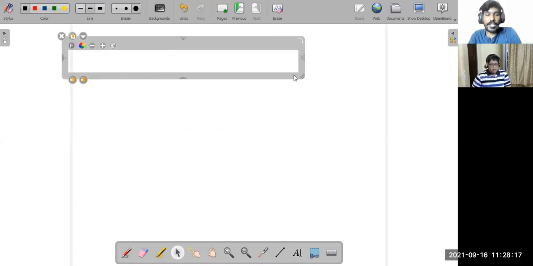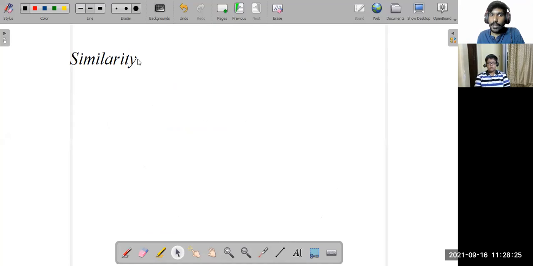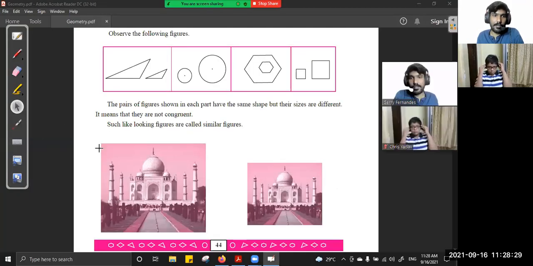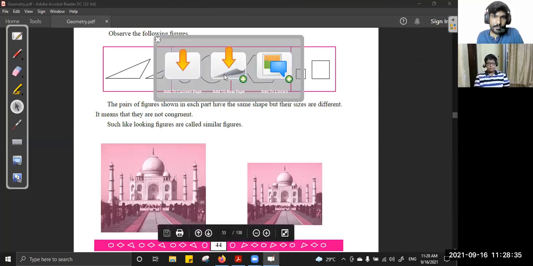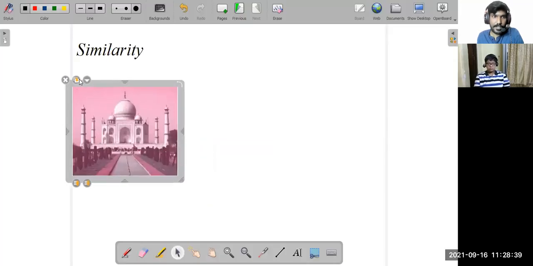When are two objects similar? So I'll talk about the object first, and then we'll come to similarity of triangles. In your book, there is this example given of this picture. This picture of the Taj Mahal is given.